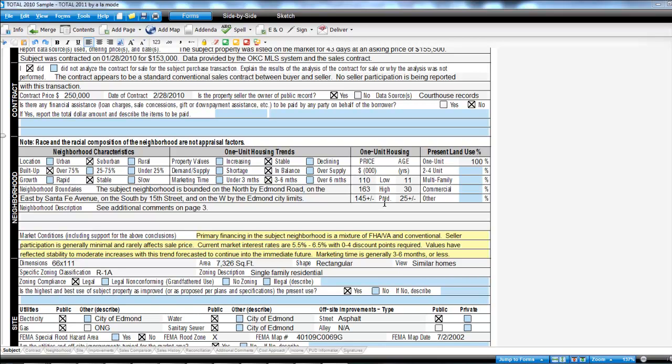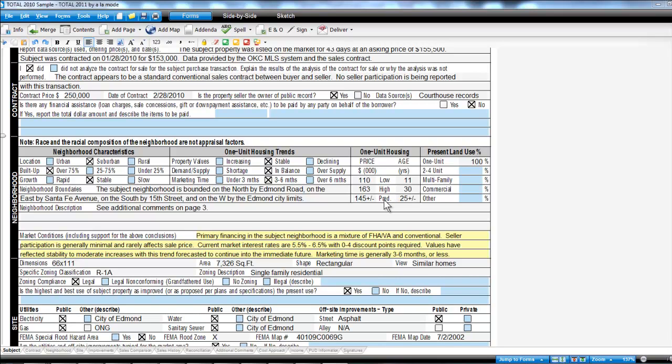Predominant would say, I was going to say mode, but perhaps median is the better statistical measure. Where would you say the majority of the prices and ages fall, or what's the one that's most frequent in the neighborhood?